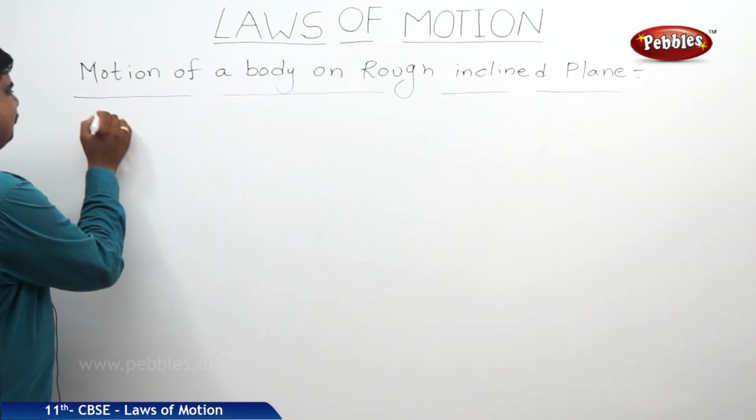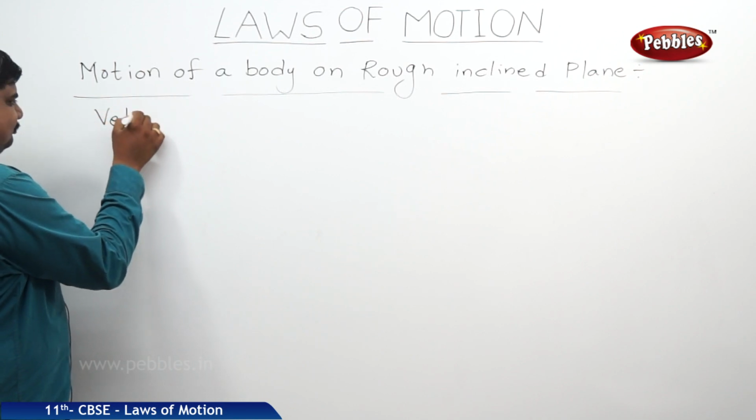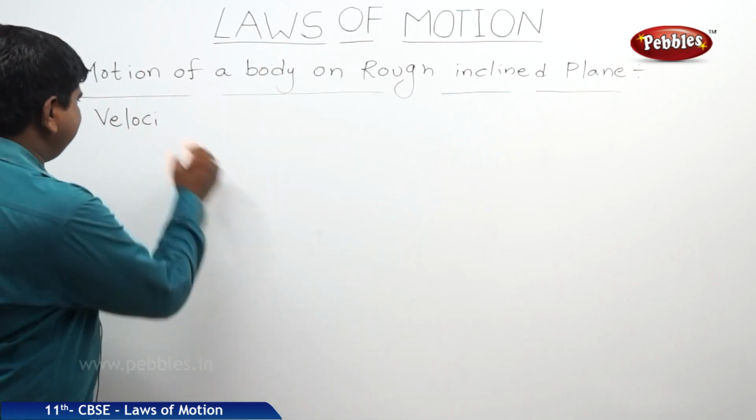Now we will find out the velocity acquired by the body while it is moving on a rough inclined plane.